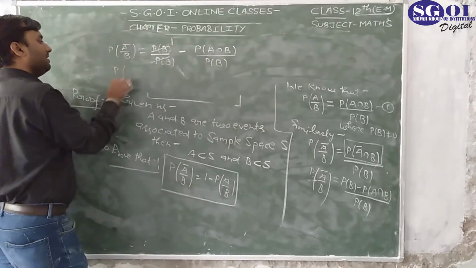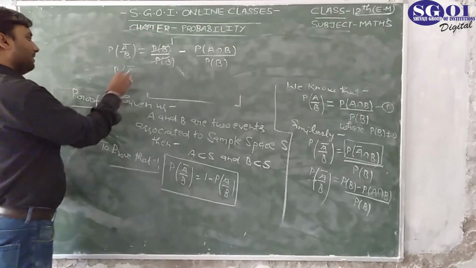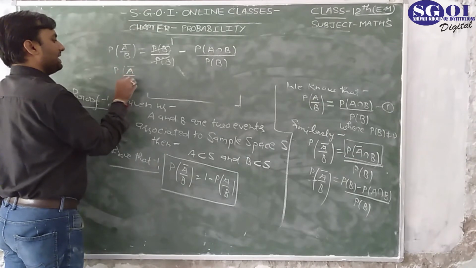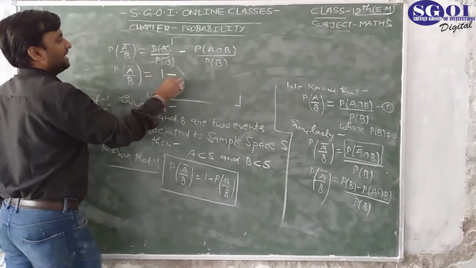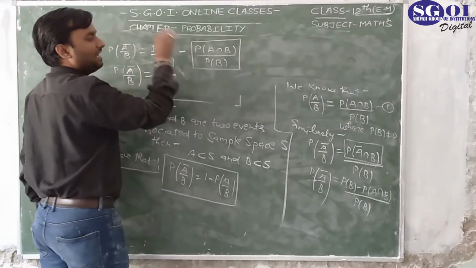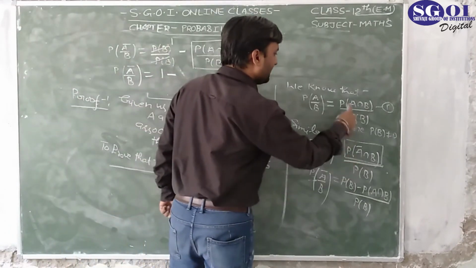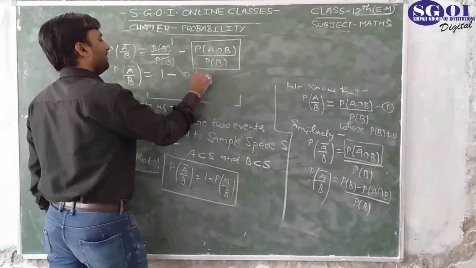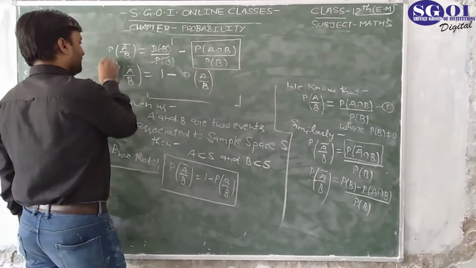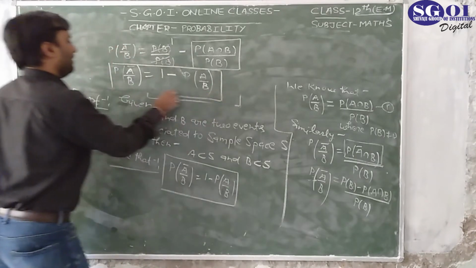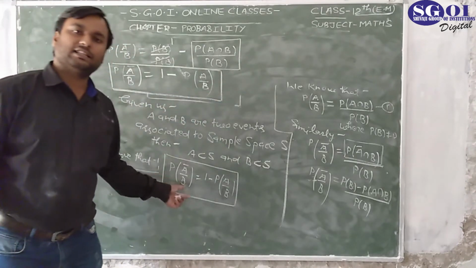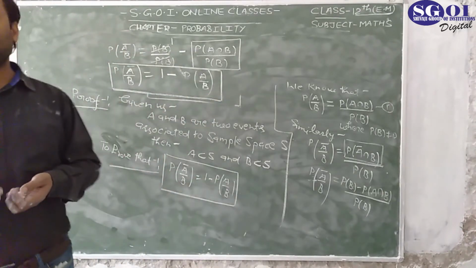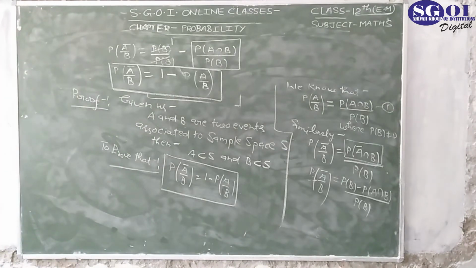So probability of A bar by B is equal to 1 minus, and the value of this portion, probability A intersection B upon probability of B, is probability of A by B. So this is the proof of this particular theorem. Probability of A bar by B is equal to 1 minus probability of A by B.